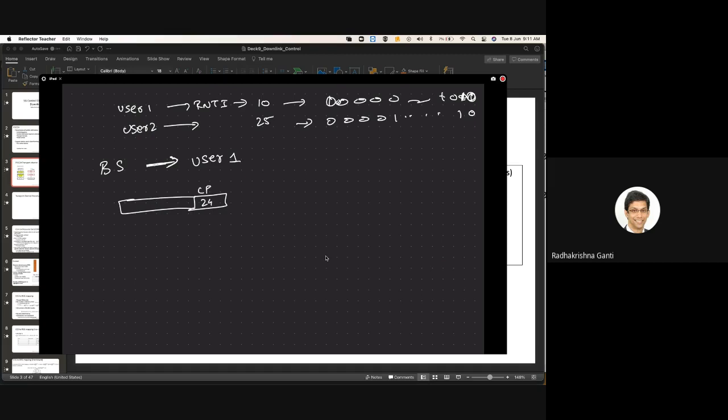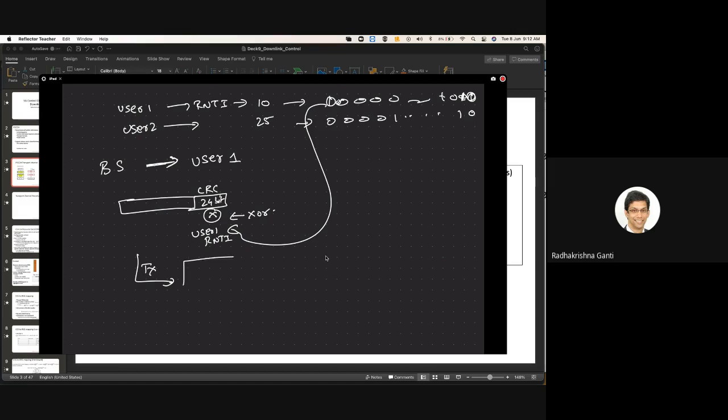Then the base station will XOR this with the user 1 RNTI, and transmit. This is what is transmitted.